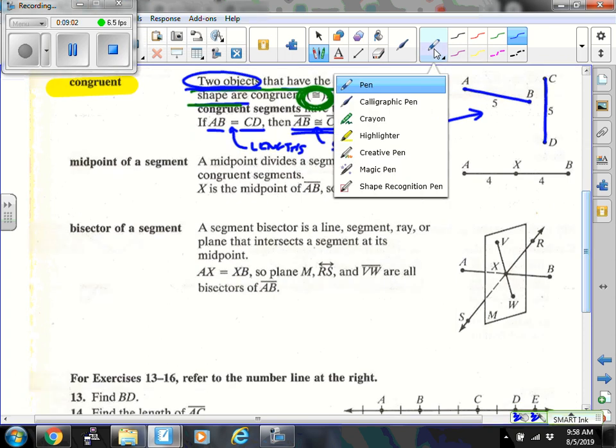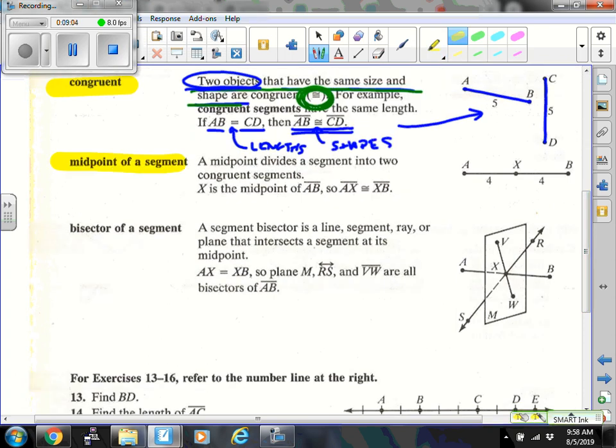Next term is midpoint of a segment. Well, that seems pretty logical. A midpoint divides the segment into two equal, congruent segments. Or you can say that the midpoint divides a segment into two equal lengths.